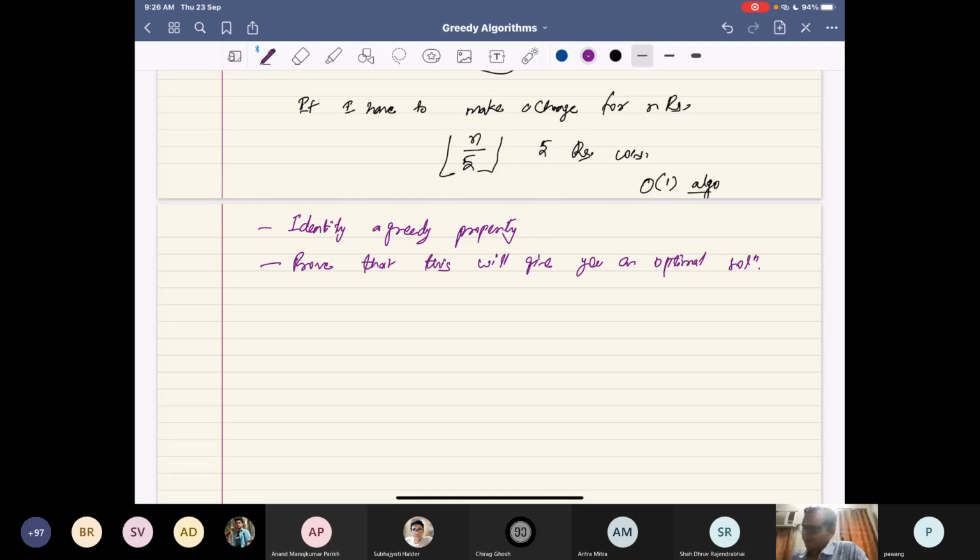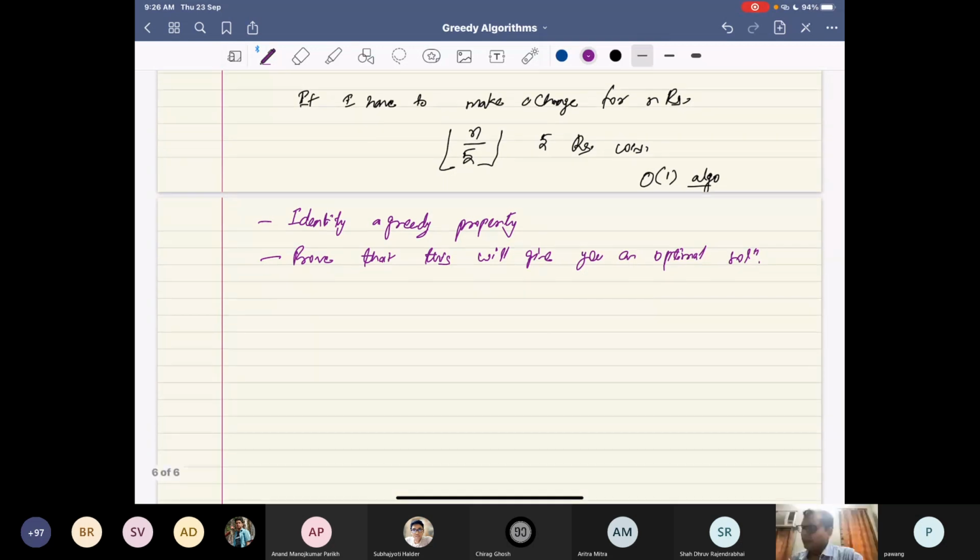So how do you do proofs in a greedy algorithm? The trick is that you have a greedy approach that will give you a solution. You think of your greedy solution.